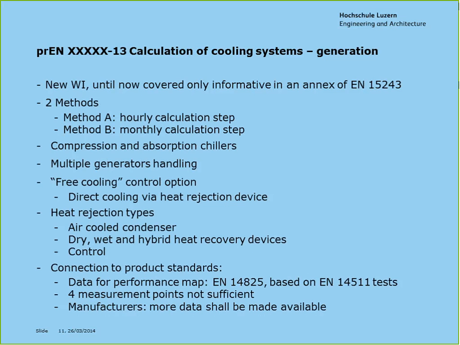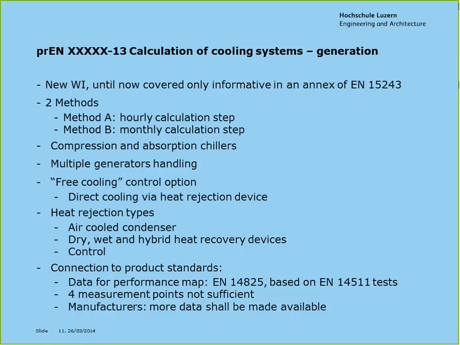And we have here a clear connection to product standards. We need the data for the performance map of the components, especially for the chillers, which are reported according to the CEN standard 14825 and test measurements.